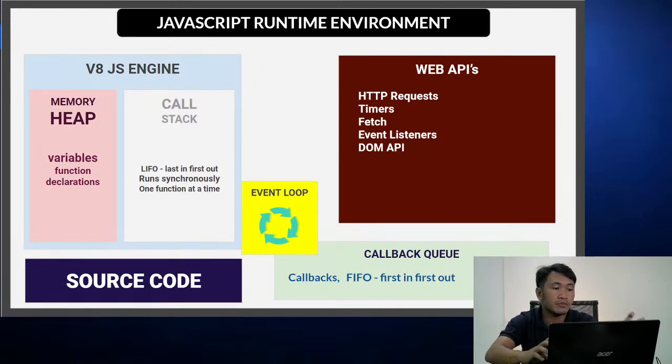It's called the memory heap. The memory heap stores all the variables, function declarations, and you might have wondered where all those const and let variables are stored: in the memory heap.